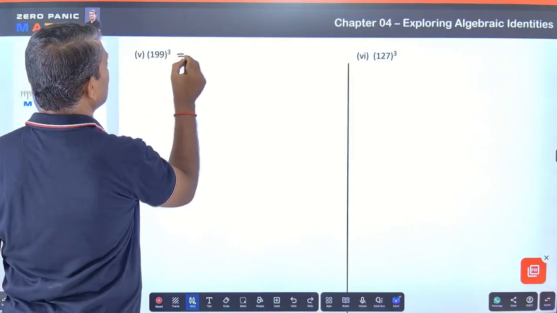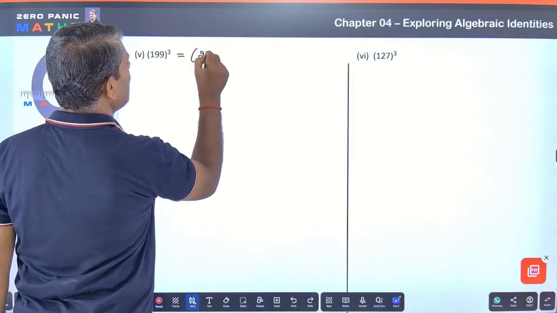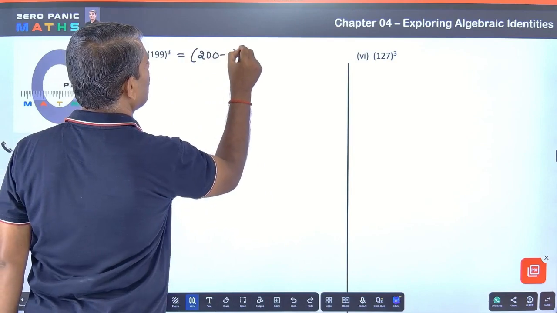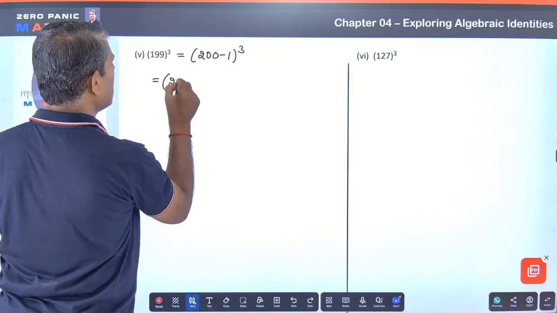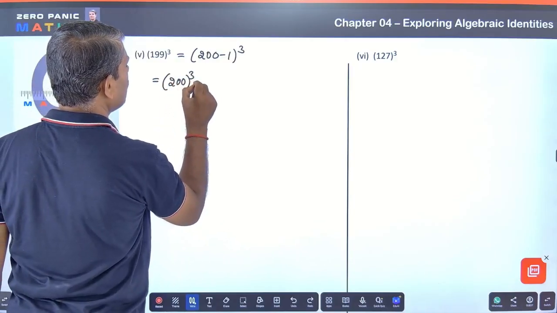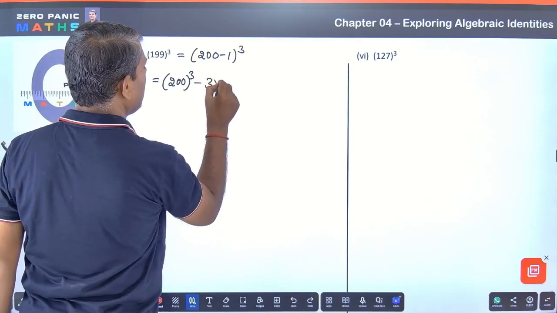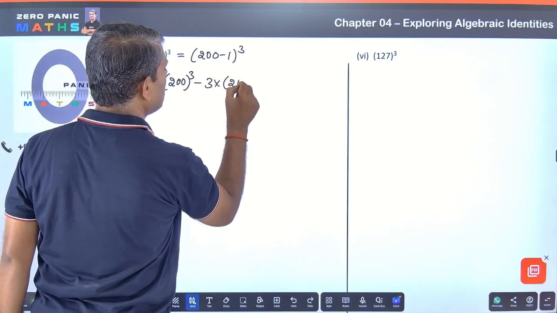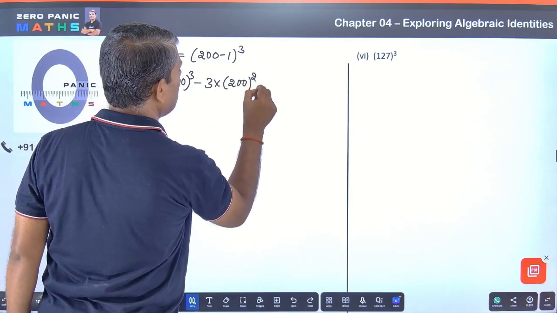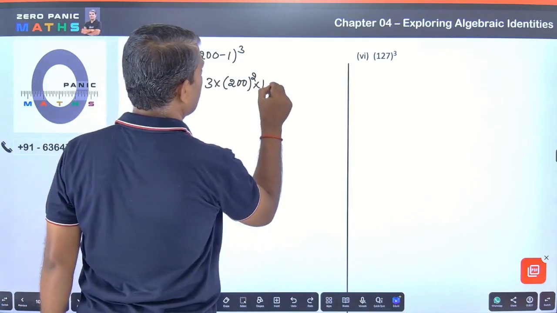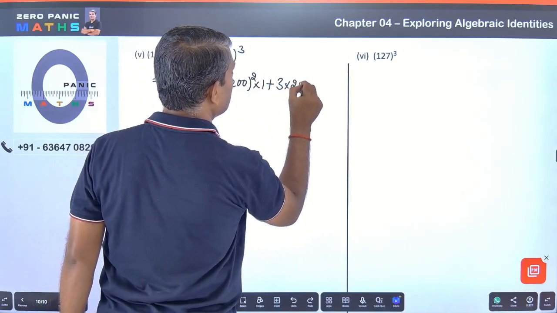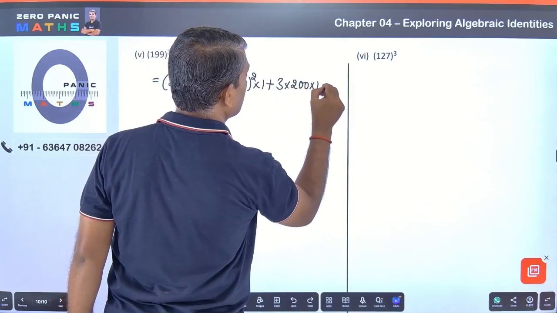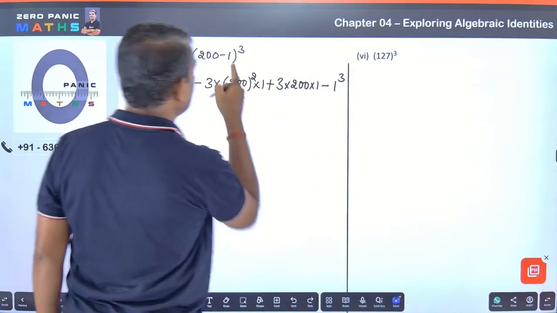It is a cube, and I can write this as (200 minus 1) whole cube. Let me do that again: 200 cube, that is a cube, minus 3a square, that is 200 square, and b is 1, plus 3ab square, a is 200 and b is 1, minus 1 cube, that is b cube.